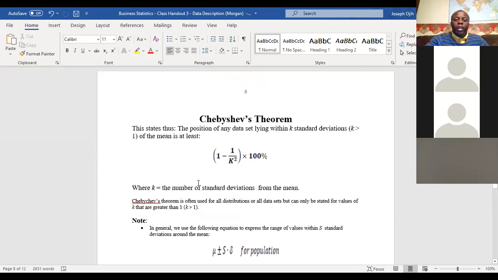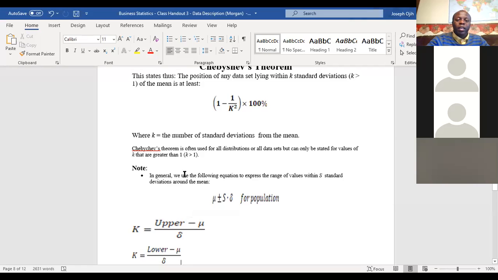Remember, first of all, you can use Chebyshev for any distribution, but it can only be stated for values of K greater than 1, unlike the empirical rule, which you can use only for symmetric distributions.